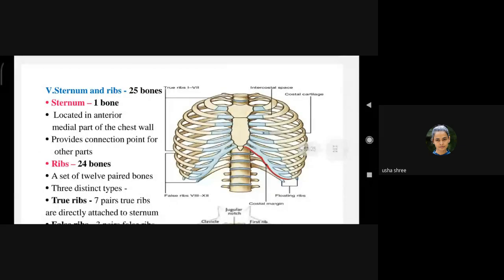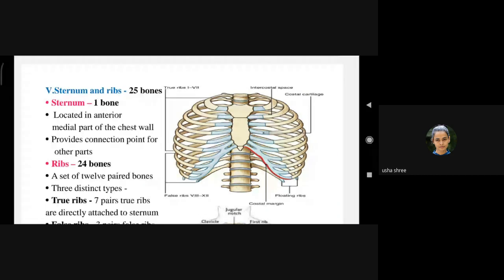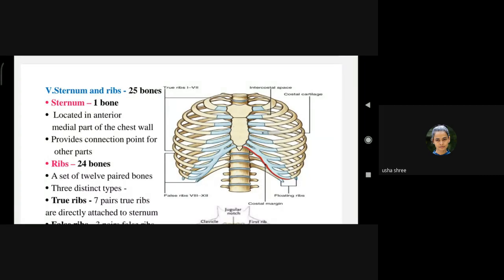Now we are just looking at where the bone is located, how it is processed, what its functions are and what its structure is. Names will be remembered easily, and tomorrow is Sunday. You will get a good time to remember this.